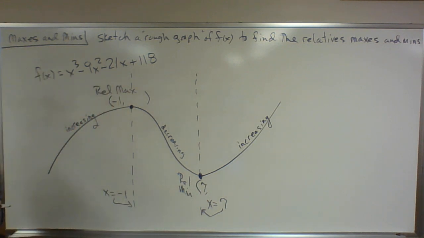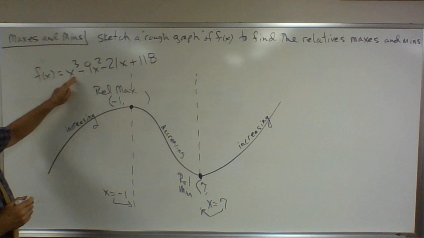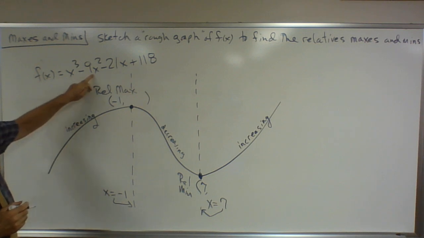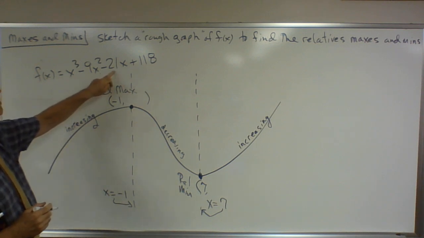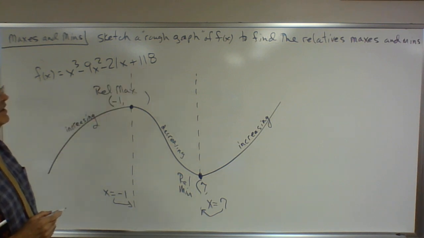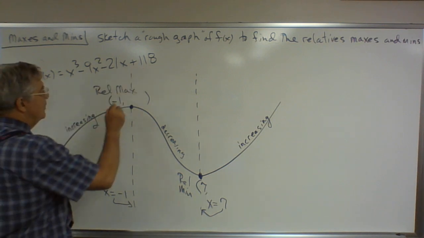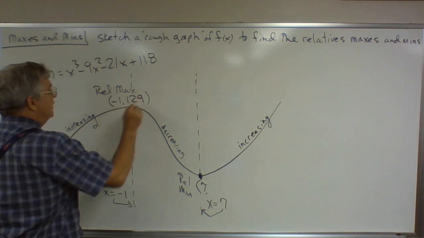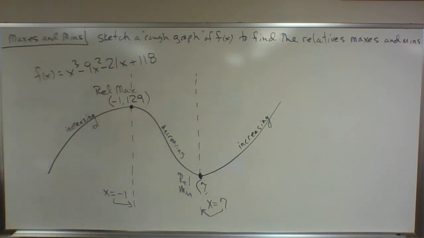Now we need the y coordinates also. If I plug negative 1 in here, I'm going to get negative 1 minus 9 is negative 10, plus 21 is 11, plus 118 is what, 129? That's our relative max. And if I plug 7 in here, holy Moses, good thing I did this out ahead of time.